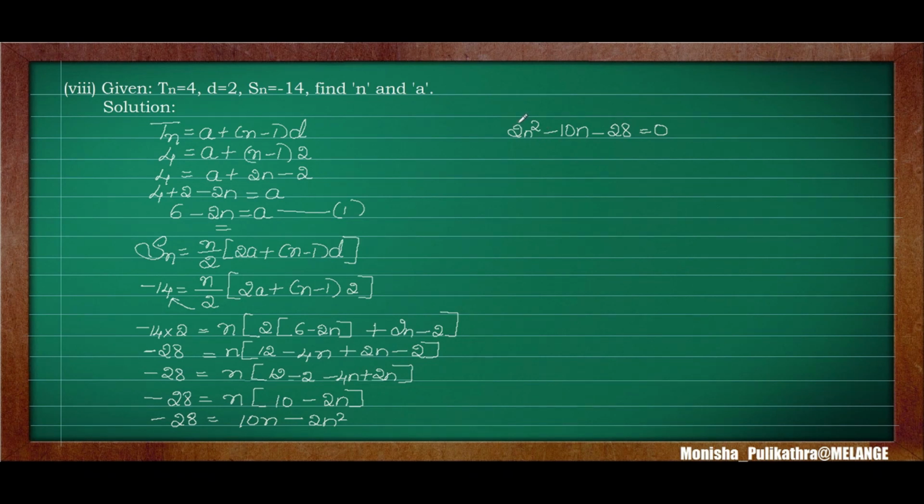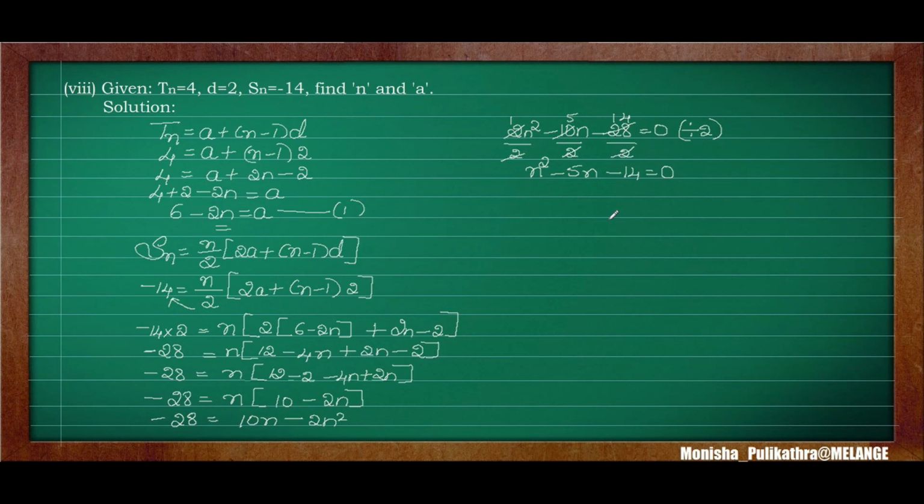So that is 2. So by 2 we can divide all these three numbers. So I am dividing it by 2. Okay. So divide by 2. So 2 ones are, 2 fives are and 2 fourteens are. Okay. So the remaining equation will be n square minus 5n minus 14 is equal to 0.